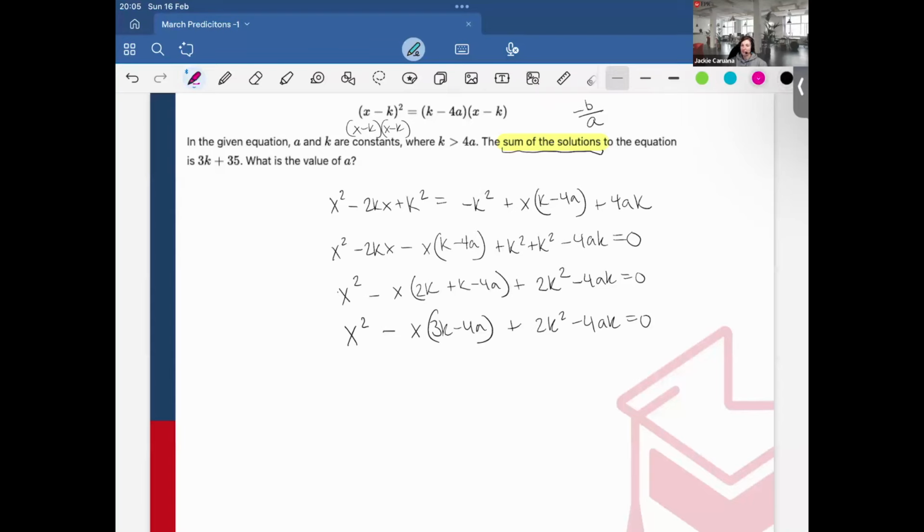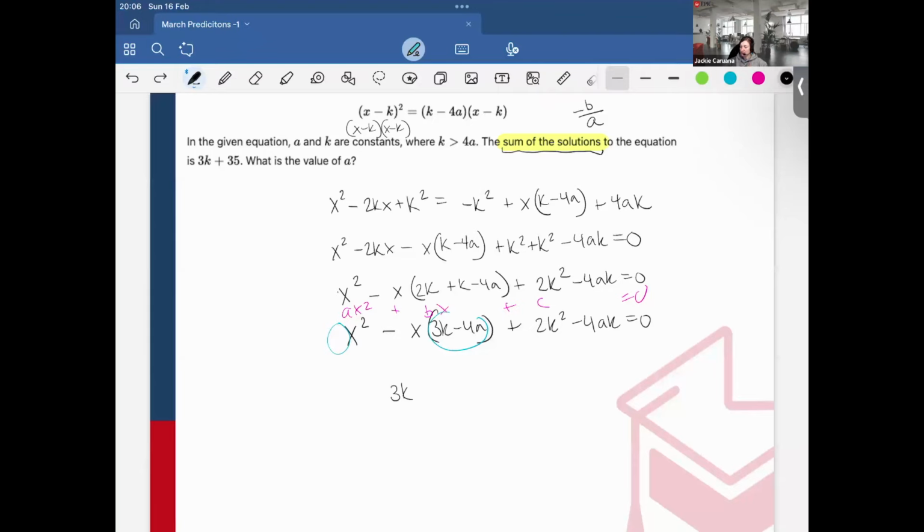Okay. And then using the negative b divided by a, I take the coefficients, and remember this is my ax squared plus bx plus c equals 0. So I actually only care about the b term and the a term, which is 1. So I would just take our b value, and notice here it's negative. So it's negative (3k minus 4a), but it will get canceled, so it becomes positive.